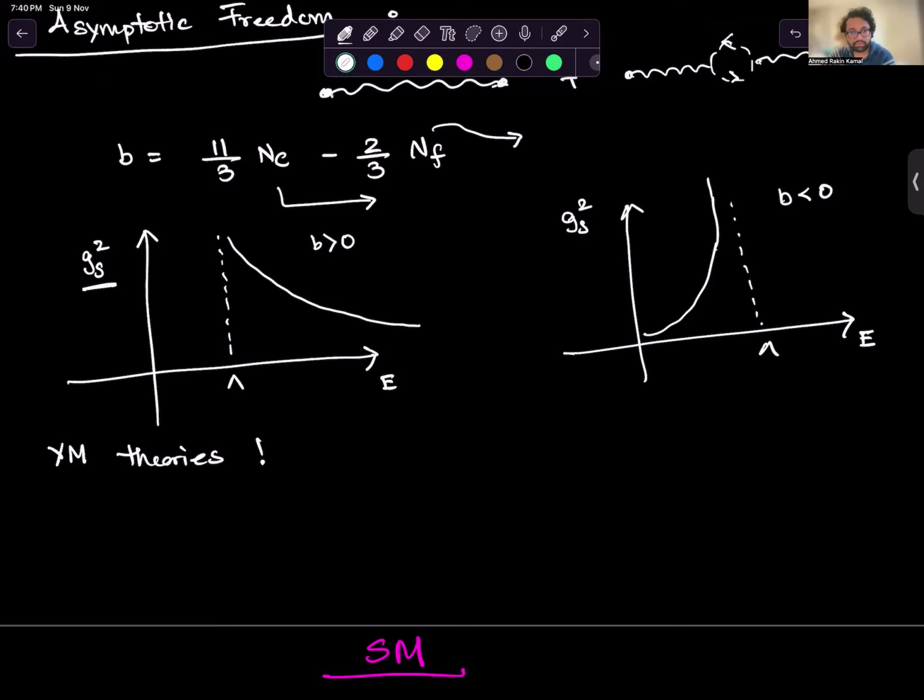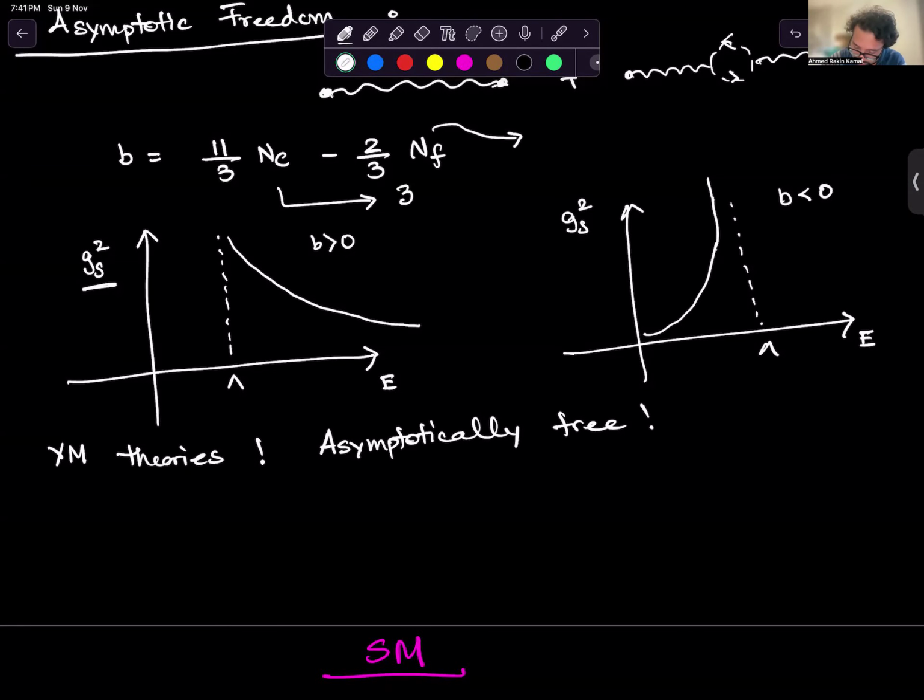This is unlike what we see in electromagnetism, where if we bring two particles closer together, the strength of the potential actually increases. But something opposite is happening. As you bring them closer and closer together, or as you increase the energies, whichever language you like to speak, these become asymptotically free, as if quarks behave as free particles.